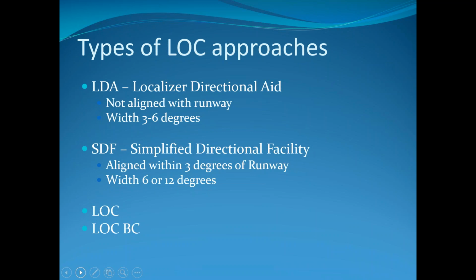So once you can see the runway, you just need to do a tiny little turn and then land. It still is a precision approach. It still has the horizontal and the vertical guidance. It just doesn't bring you straight in.